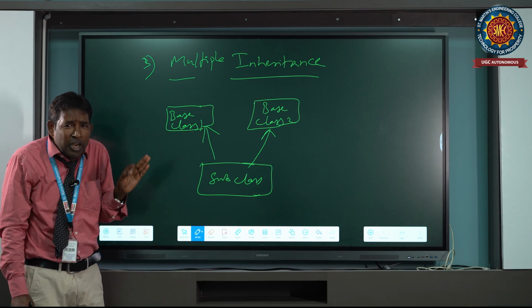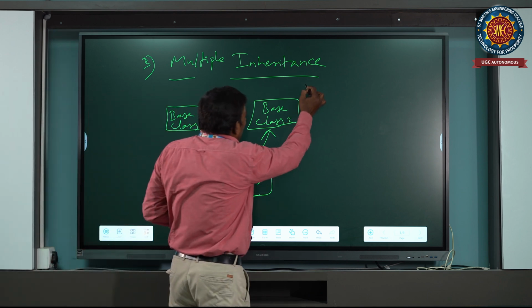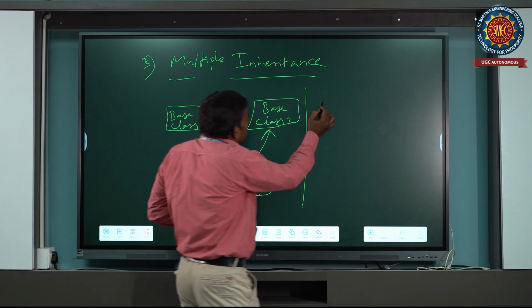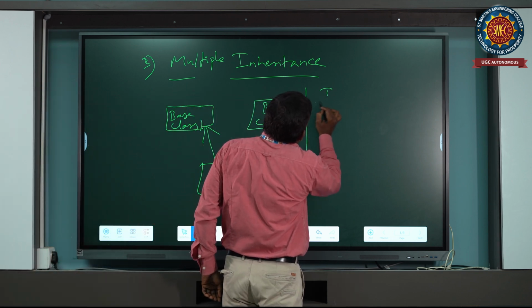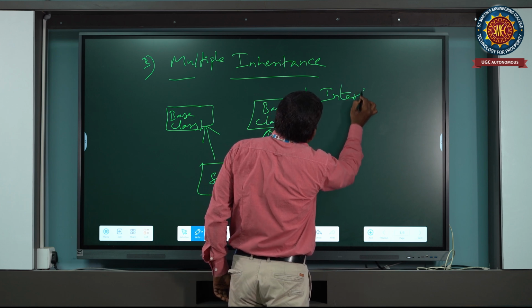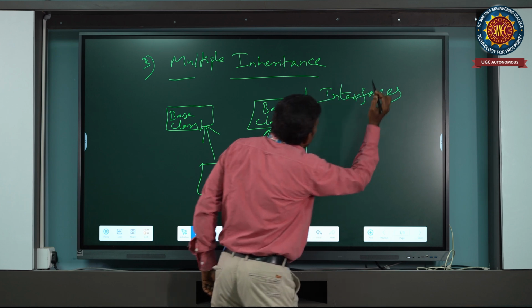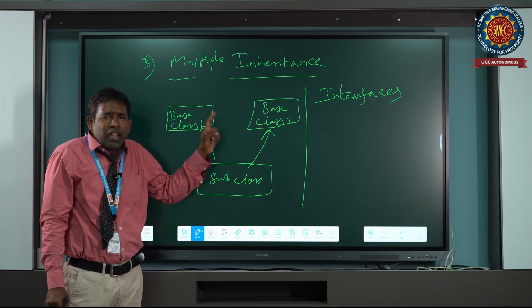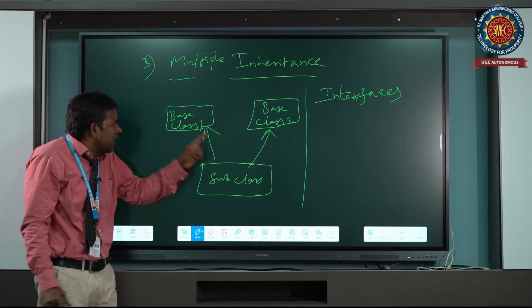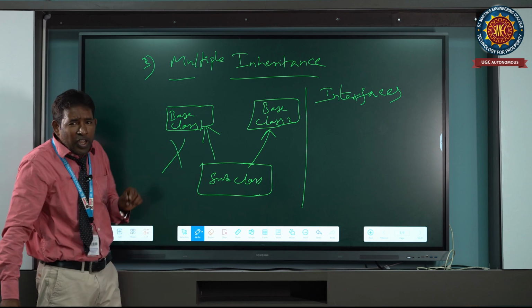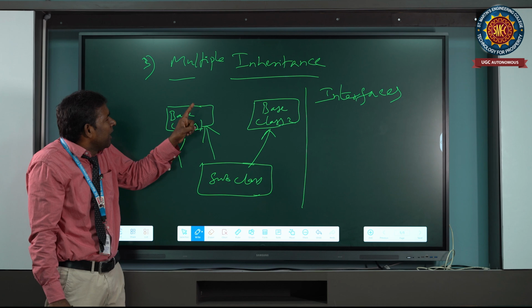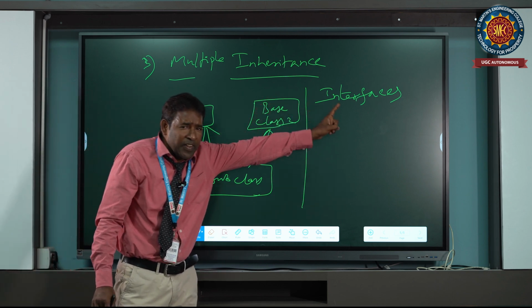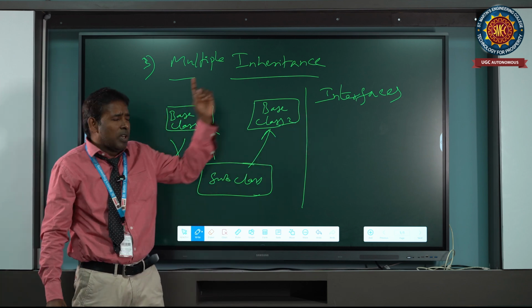How can we achieve multiple inheritance? By using interfaces, we can achieve multiple inheritance. By using classes, it is not possible. By using interfaces only.